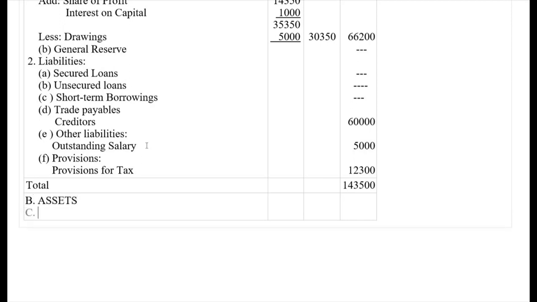Then the next one here, B, assets. So here A, fixed assets. So under fixed assets we have got plant, from this we should subtract less depreciation.